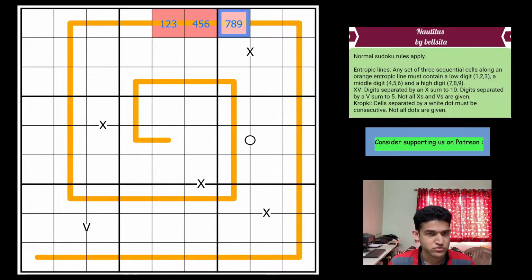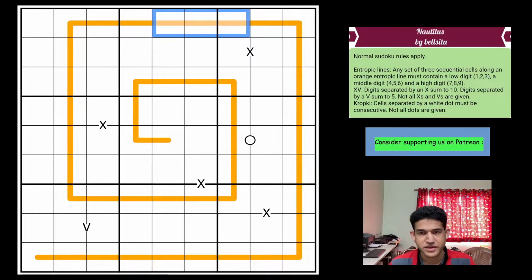But they have to satisfy the fact that any 3 cells must have 1 low digit, 1 middle digit, and 1 high digit. So for example, this could also be 1, 2, 3. This could be a 4, 5, 6. And that could be a 7, 8, 9. So you can switch this, but as long as 3 cells contain 1 from each type, it's perfectly fine.